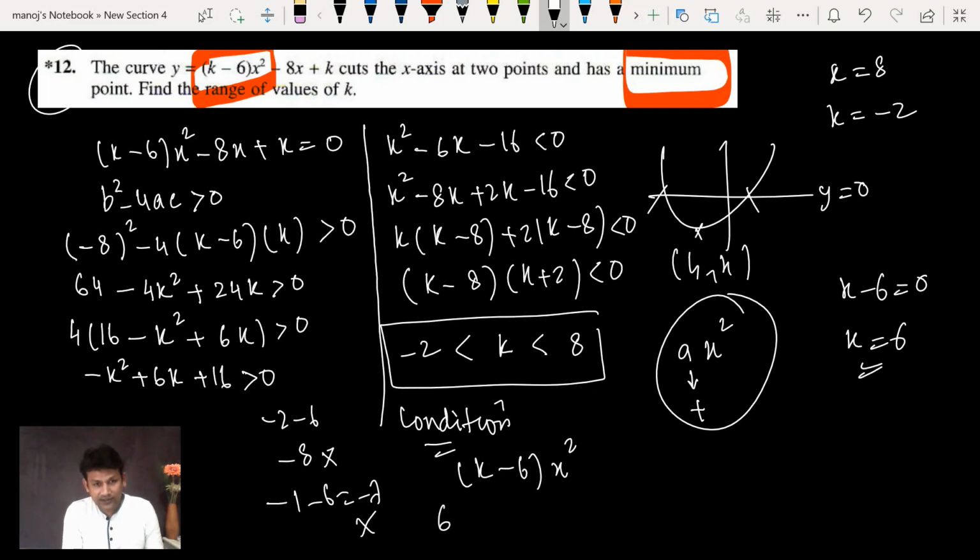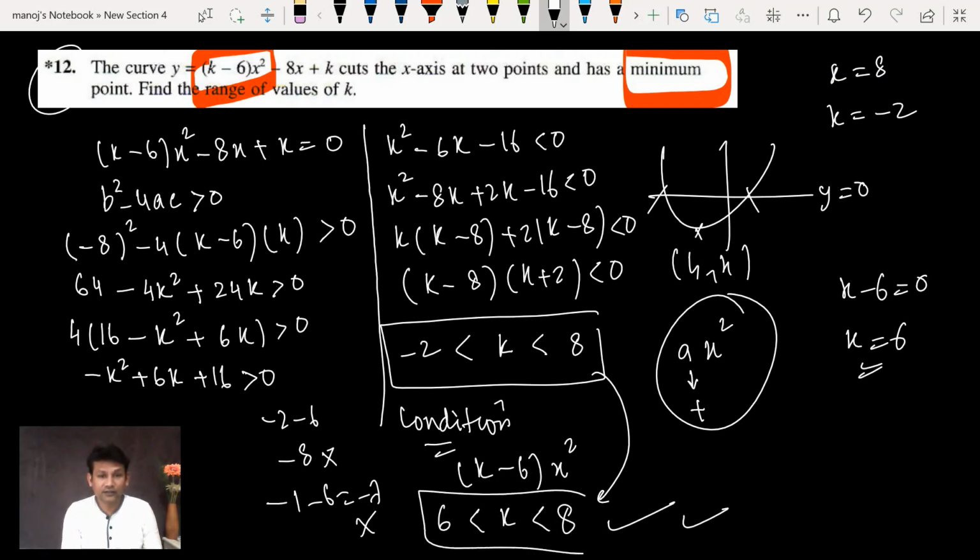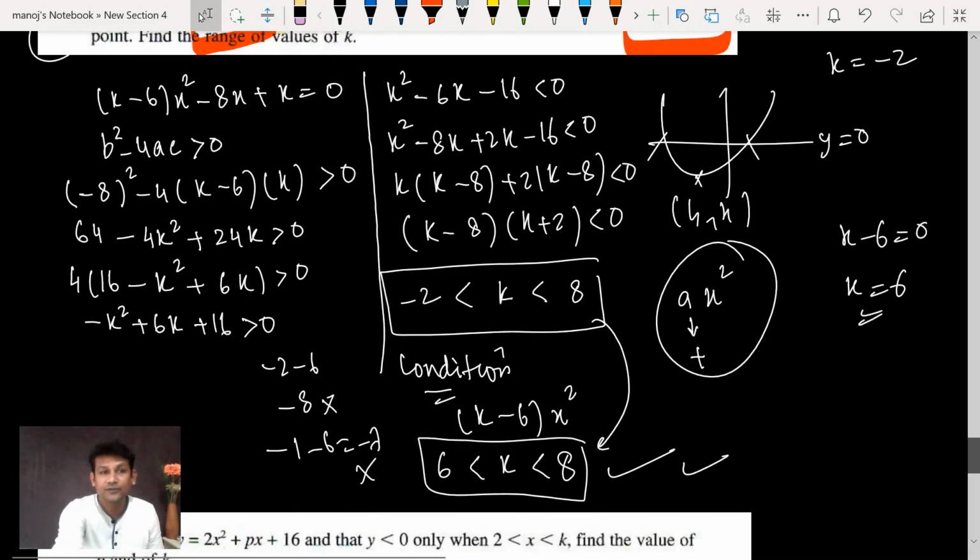When I write 6 and 8, this condition means the value of k can be more than 6, not 6, but more than 6 is okay. It can be 6.1, then positive, whatever the value after 6, and that's your perfect answer. So that's the difficult part in the star question. I hope you understood this.